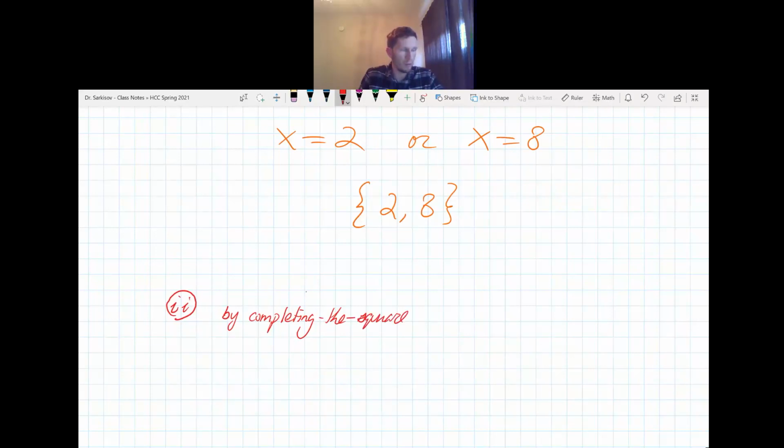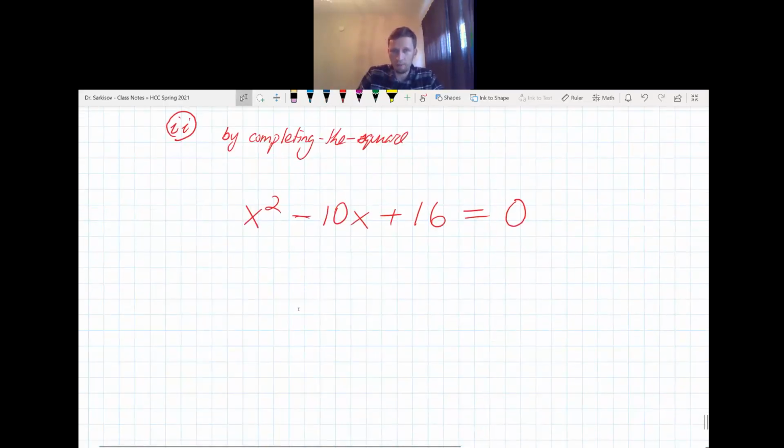And remember, our problem was x squared minus 10x plus 16 is equal to 0. We're like, what do we do with a square? What is he talking about? Because here's the problem. We do have a square, but also a linear term, right? We also have more x.